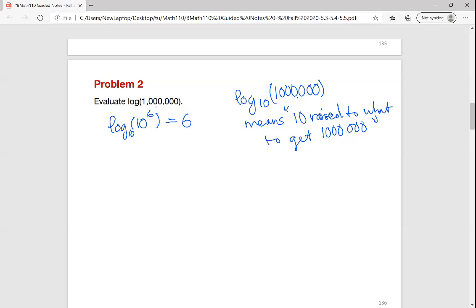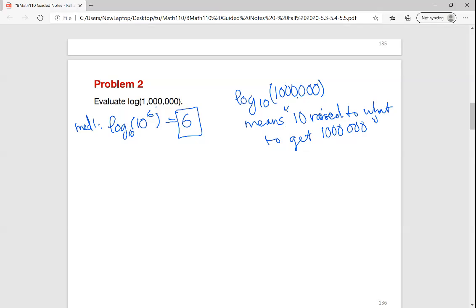So you know that that's going to be the answer of the log. And you know that 10 raised to 6 gives 1 million, right? So this is like method 1.